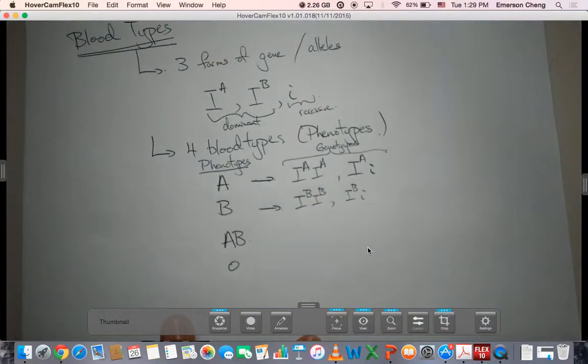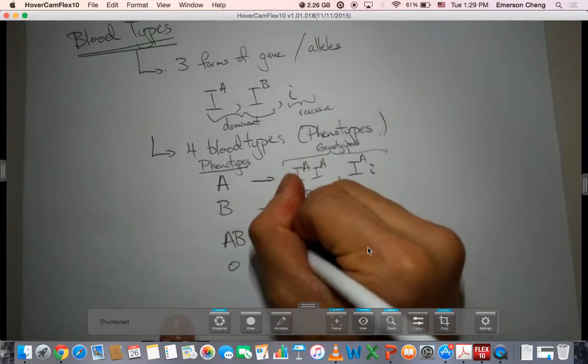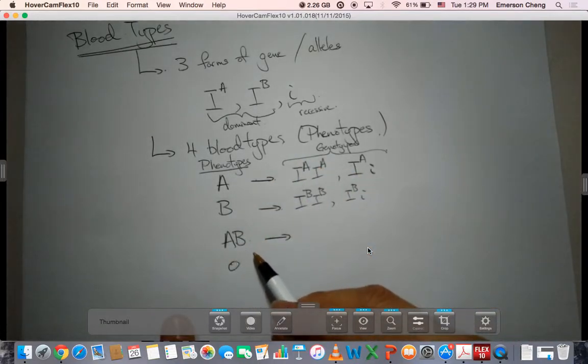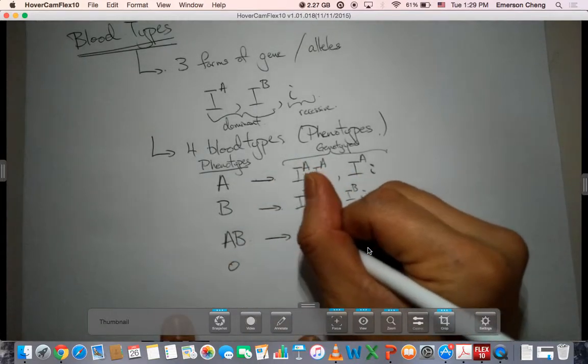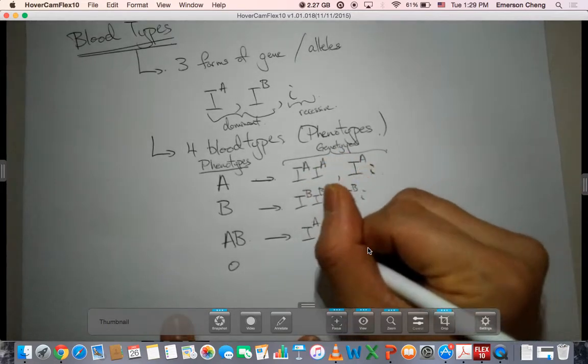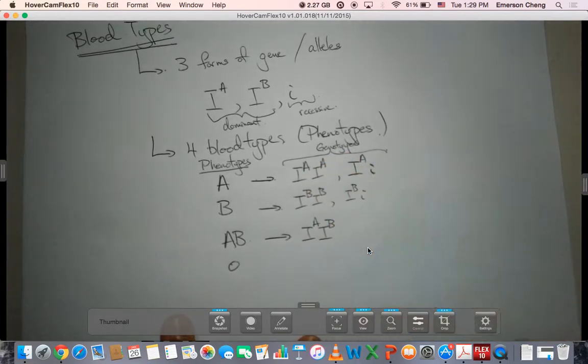Anyone have blood type AB? If you have blood type AB, you only have one genotype. You must have a big IA and a big IB. There's only one possibility.